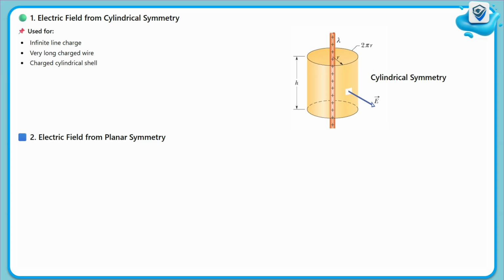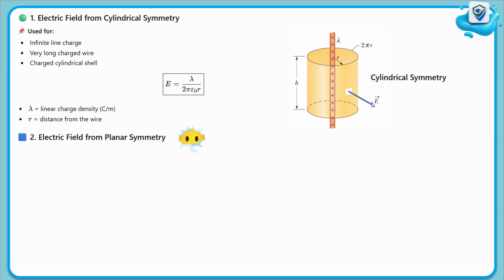Applying Gauss's law gives us the final equation. The electric field is equal to lambda divided by 2 pi epsilon 0 r. Here, lambda is the linear charge density, and r is the distance from the center of the wire.